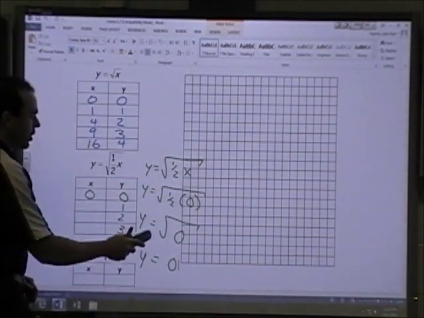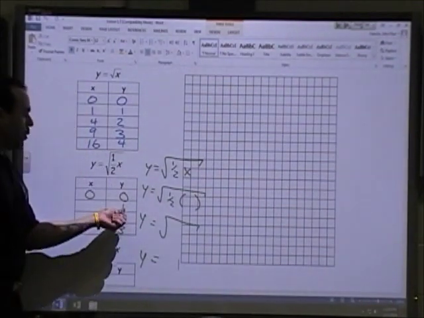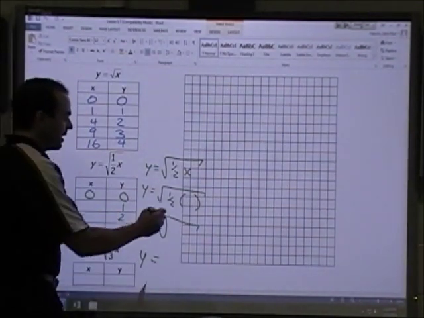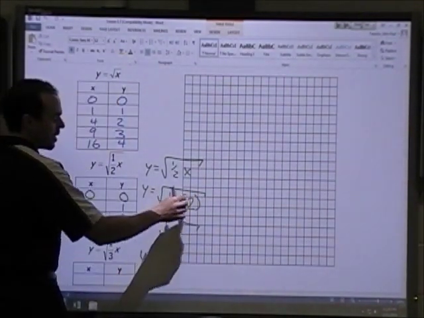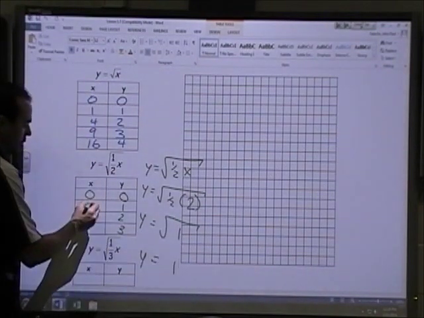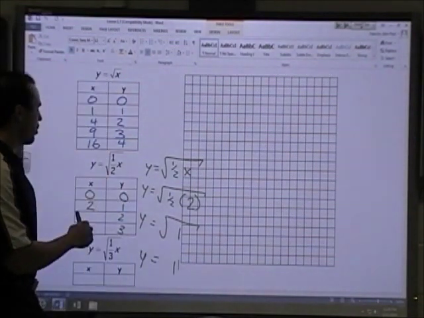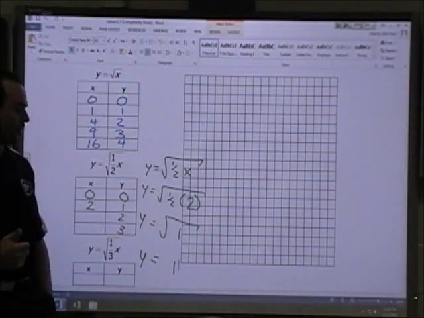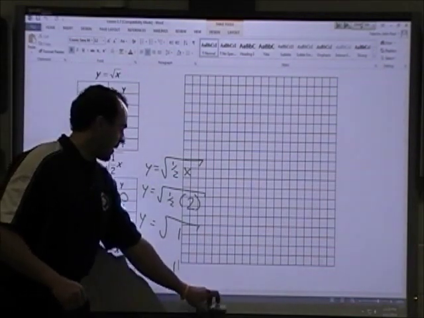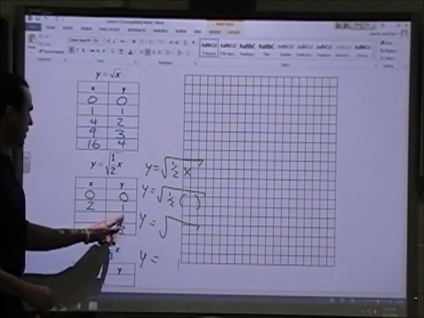And then, what should I plug in for x in order to get an output of 1? The correct answer is 2, because a half times 2 is 1, and the square root of 1 is 1. So I'd have to input x equals 2 in order to get the y value of 1. Then what do I have to do in order to get the output of 2?